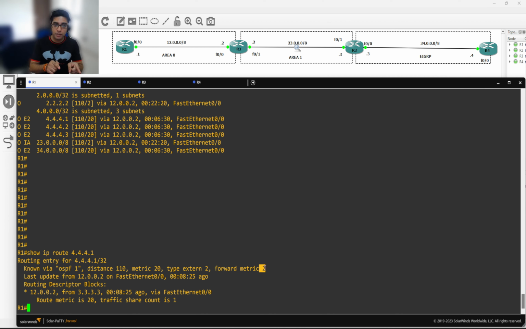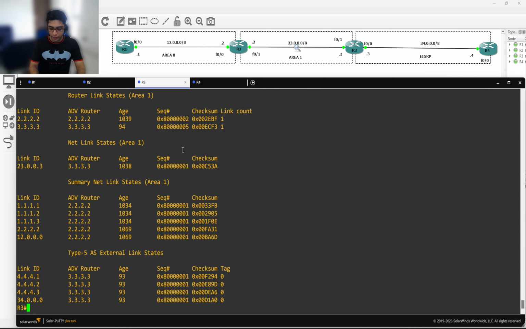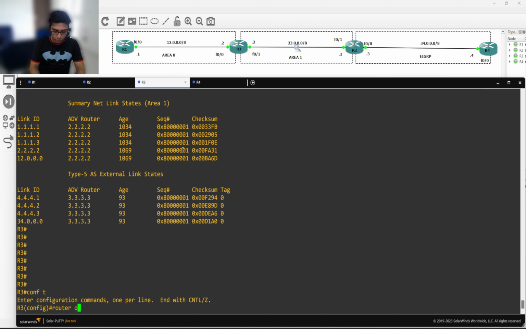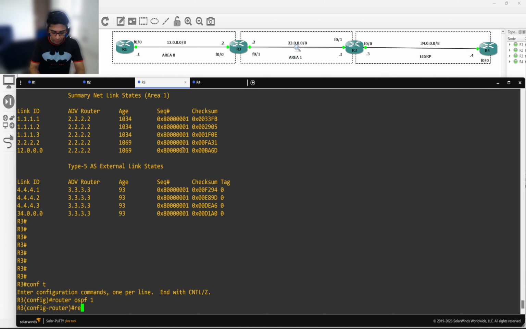You can change this default behavior to type 1 external so that it shows the actual cost. And how do you do that? It is done via the redistribution. So configuration terminal, router OSPF 1. Let me remove the redistribution.